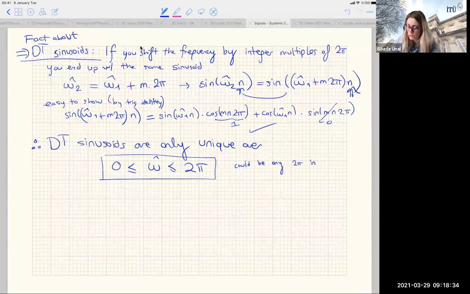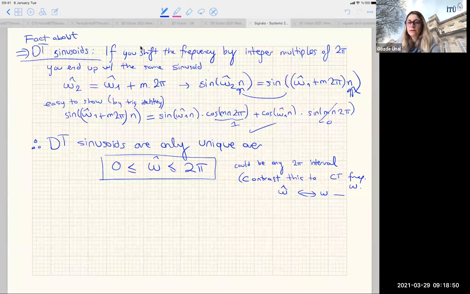So they are only unique in a 2 pi interval. This is different from, now contrast this to continuous time frequency or the continuous frequency omega. So this is the difference. Omega did not have this property. Omega does not have this property or constraint.